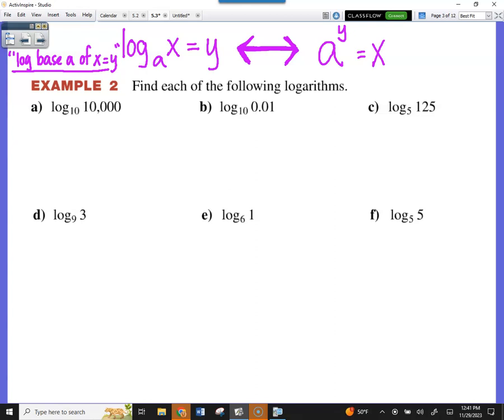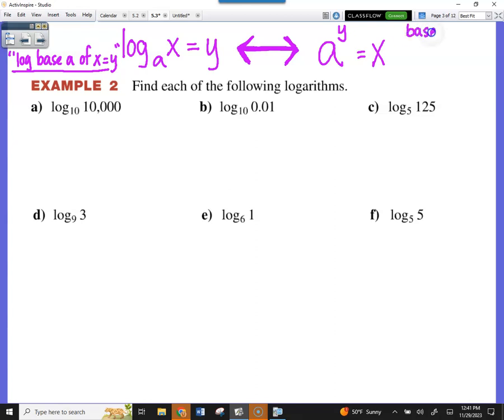I'm going to say it again. The base of the log is the base of your exponent, and these two, x and y, switch sides of the equal sign. The y pops over here, and we just said a was the base of the exponent. The y becomes the exponent, and the x goes to the right of the equal sign. Okay? All right, I want you to write that.